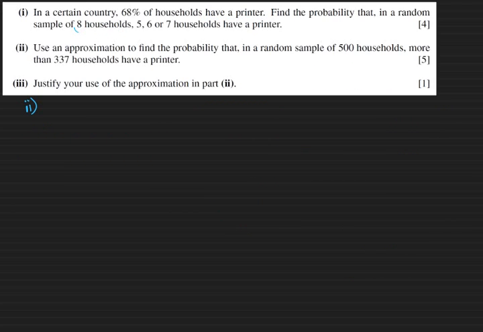Now in the second part we are going to do an approximation. This is called the B to N approximation, binomial to normal approximation. During this approximation we have to run the test np and nq. Here n is 500 into 0.68, and nq means 500 into 0.32.